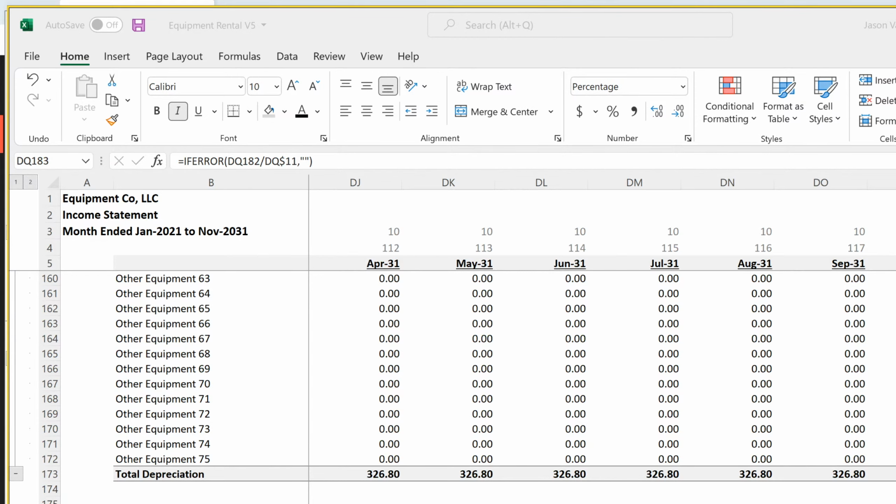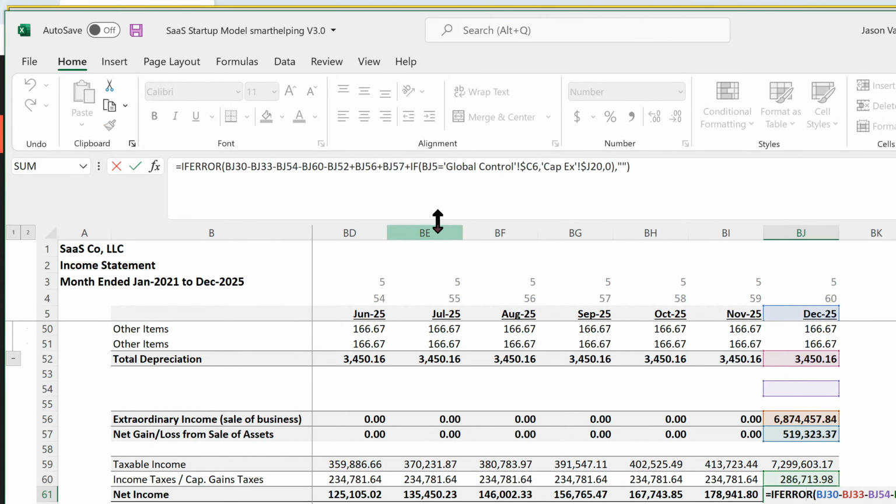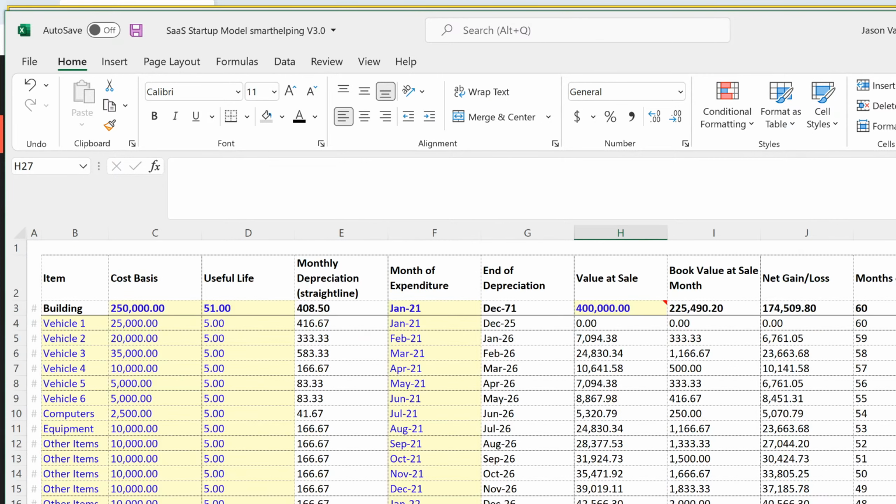What happened on the SAS model that wasn't an issue? Plus 57 plus J20. Oh, we were one off. So see, this is only if it's a loss.